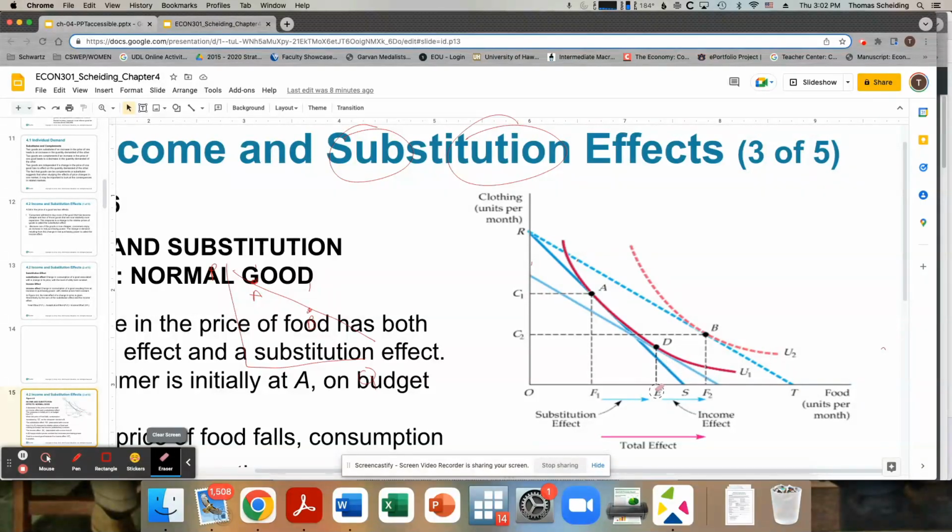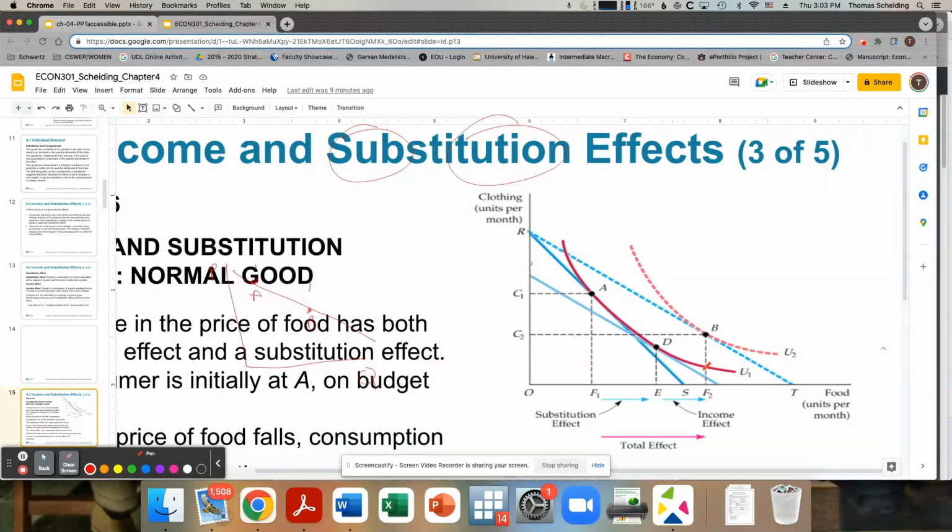Okay, so again, we're seeing two things happening here. A to B is where we're going from as the price of food is becoming cheaper. But what we do first is the substitution effect. What the substitution effect says, again, is we want to stay on the original level of utility. So U1, we want to be on the original indifference curve, but we're going to reflect the new relative price ratio.